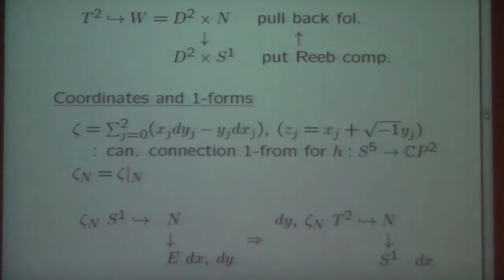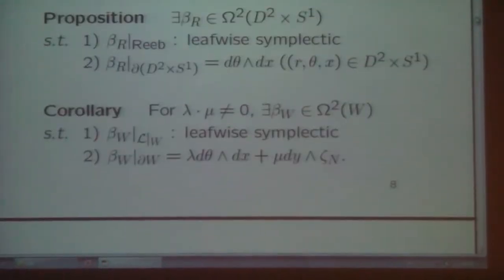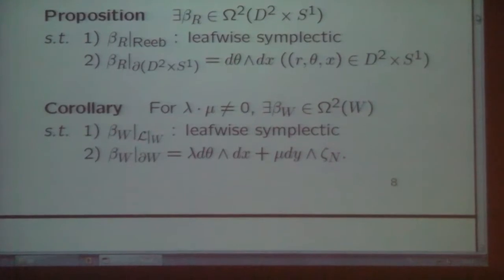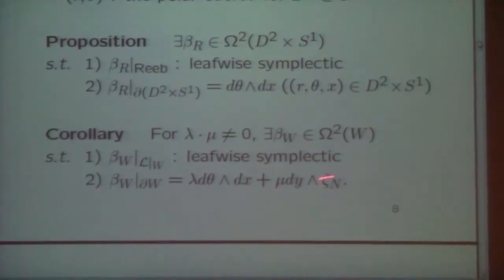Monodromy is area preserving. So already we have a nice 2-form on W.